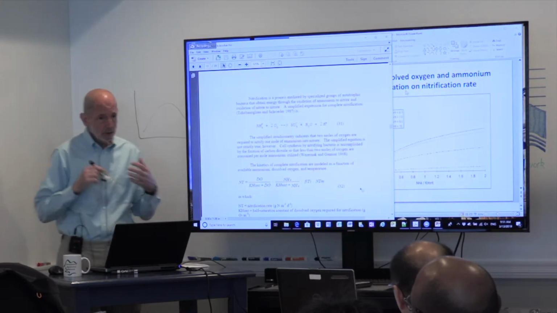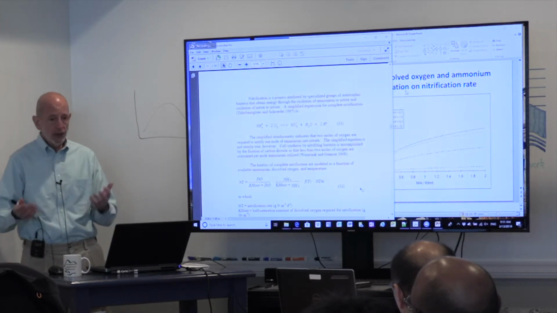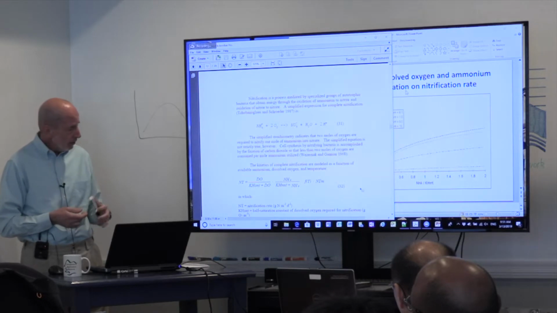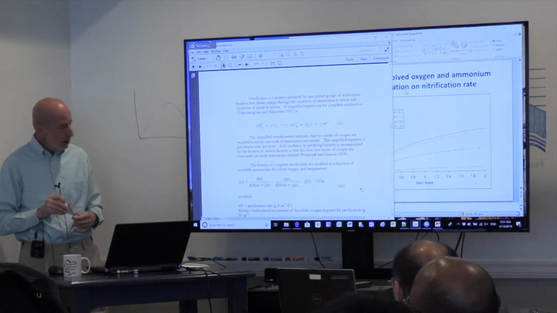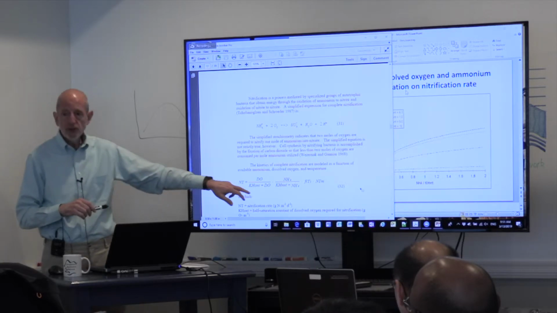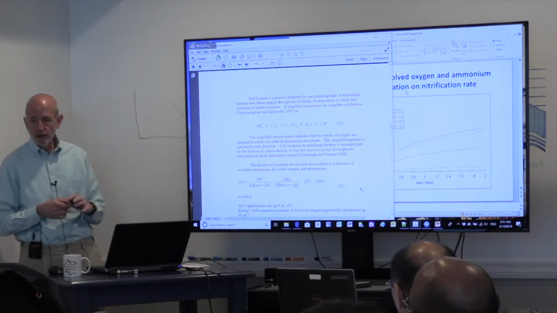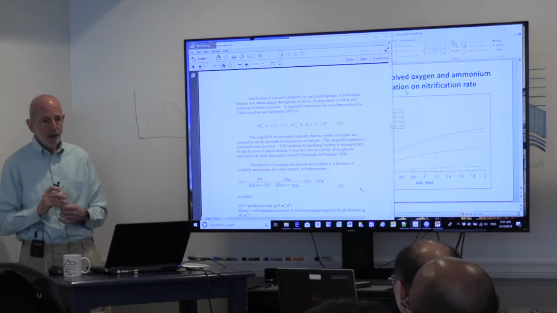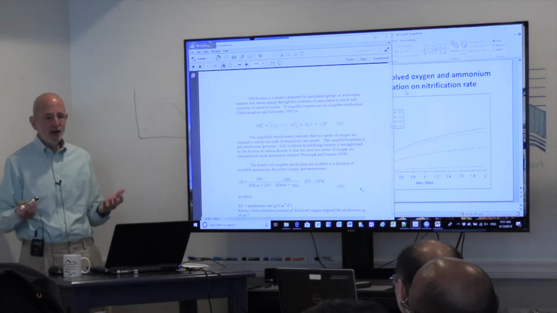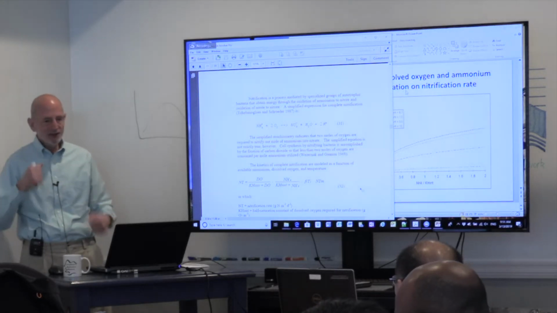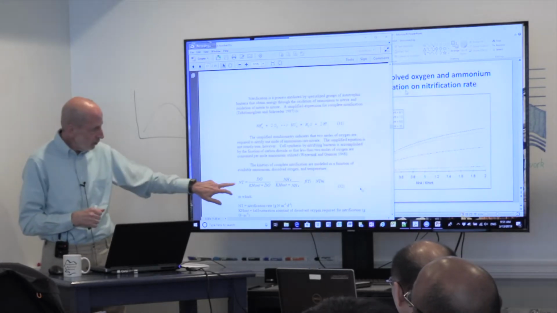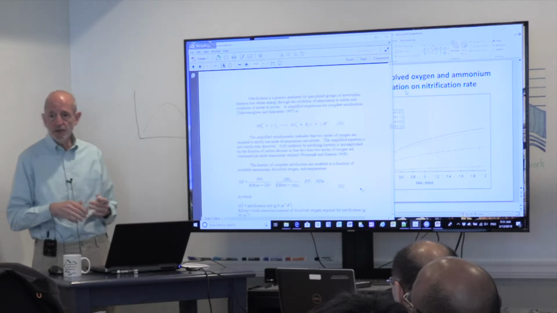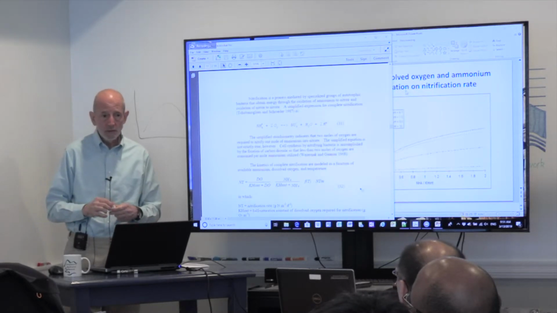It's not just that the more ammonium you have, the more nitrification you get. The theory behind that, which goes back a long time, is that this requires bacteria, and the bacteria require sites, if you will. Eventually no matter how much ammonium you have, the bacteria can only do so much. So this will saturate, and that's a little bit different than a lot of models.